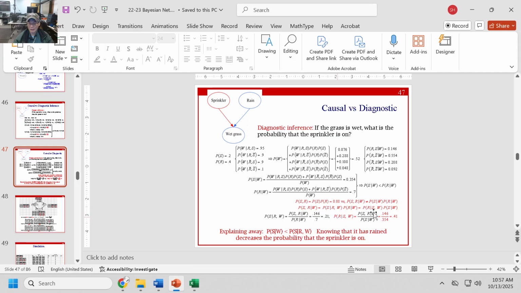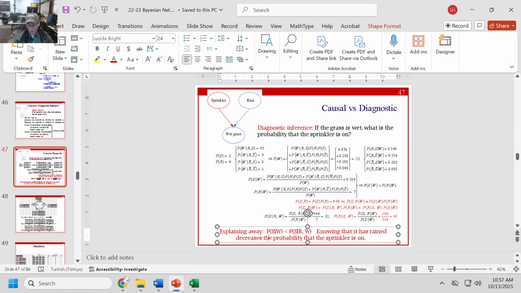Okay, and I see that rain is more likely than this one, but also I can play this in a lot more detail way. Okay, if I know that it's been rain, that decreases the probability the sprinkler is on. Would you agree with me?